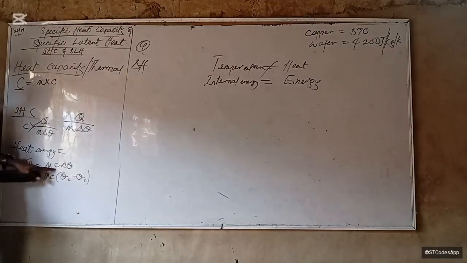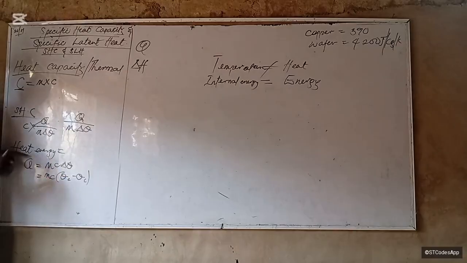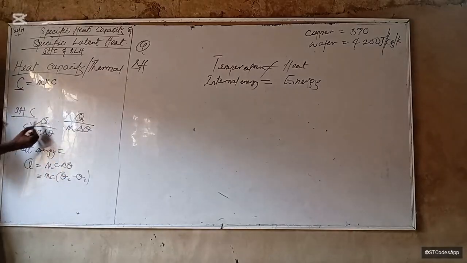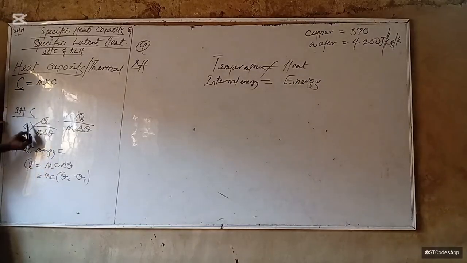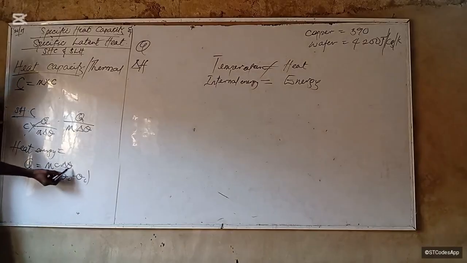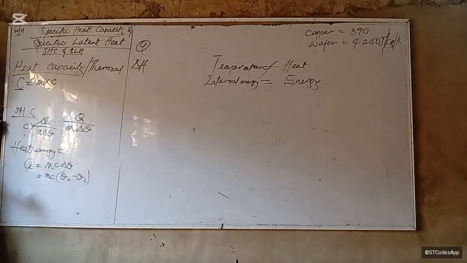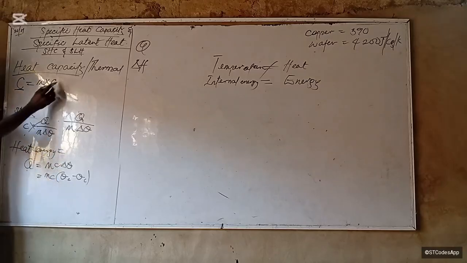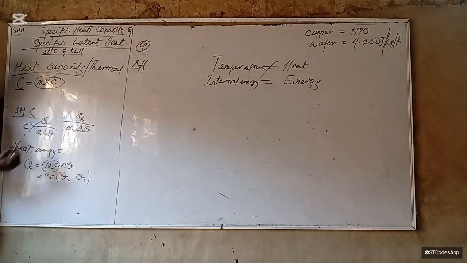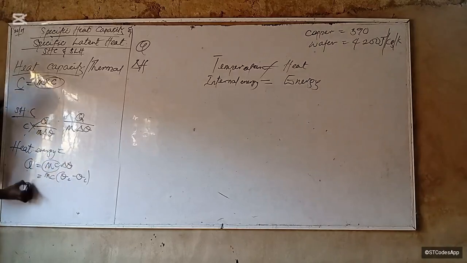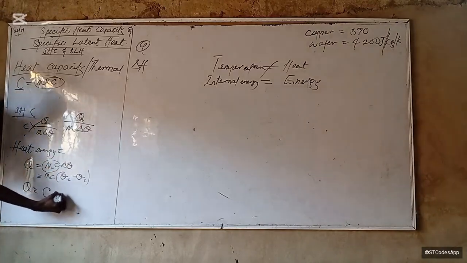What is not clear? This part. We just cross multiply. So it will be C times this and Q times 1 is equal to Q equal to M times C, MC. Do you get it now? So do you see that there is similarity here? This one is MC, this one is MC. So it means that we can say that Q is also C delta theta.